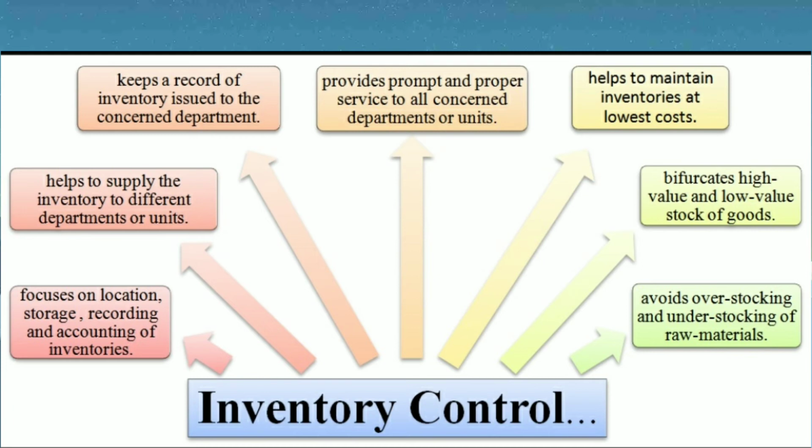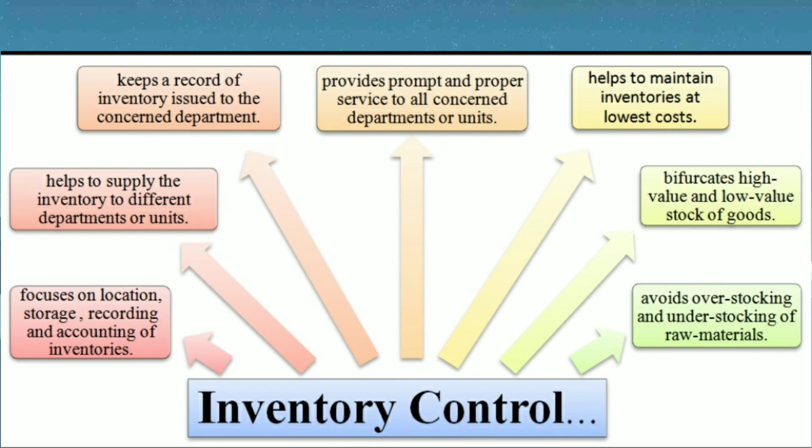Inventory control provides prompt and proper service to all concerned departments or units. It helps to maintain inventories at lowest costs. It bifurcates high value and low value stock of goods, so it differentiates between high value and low value goods.